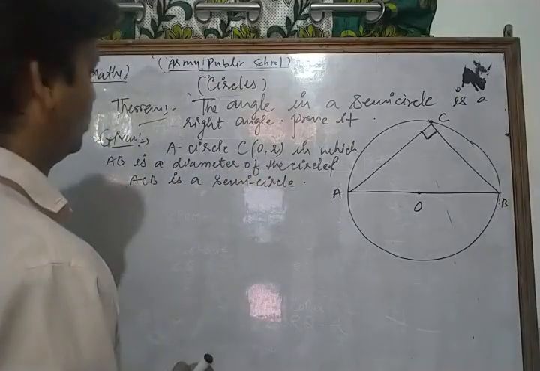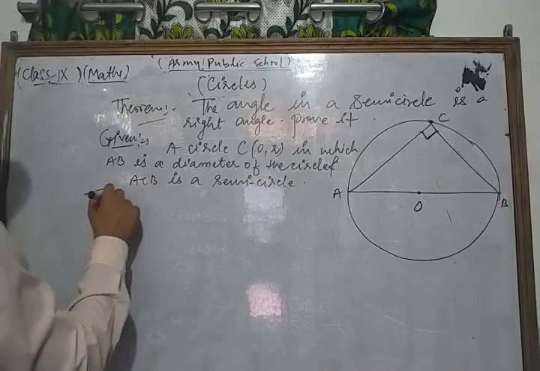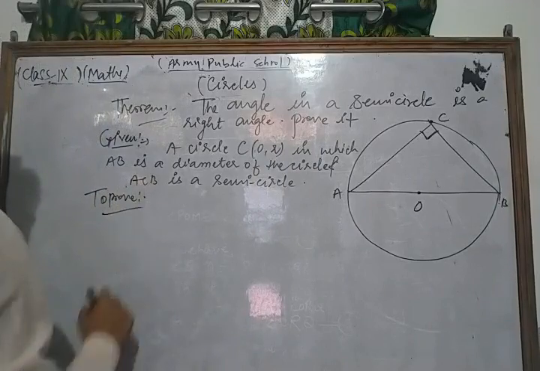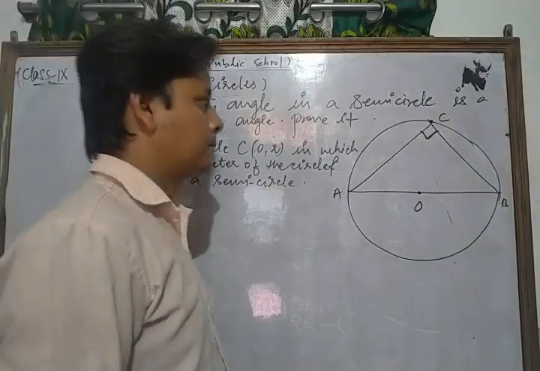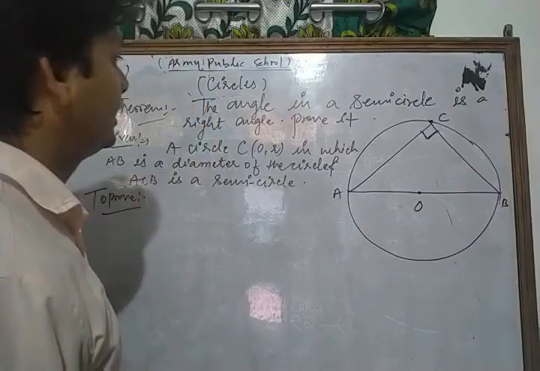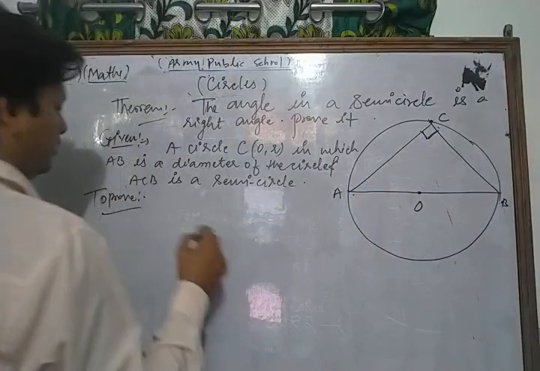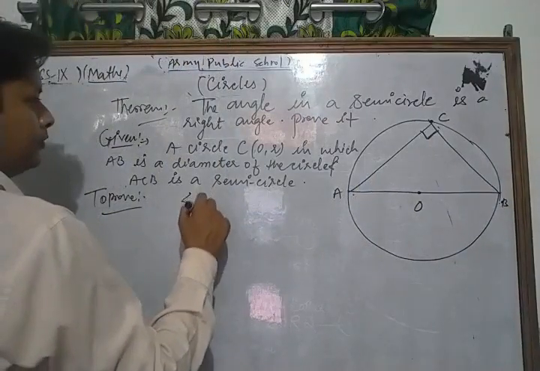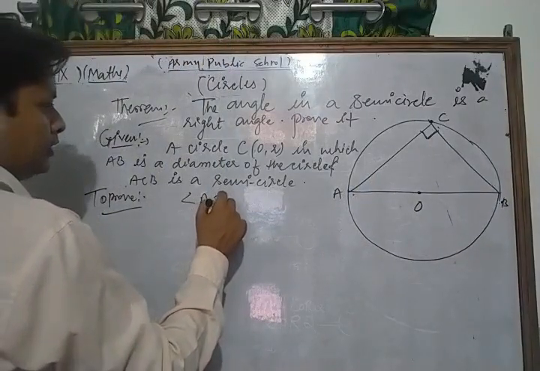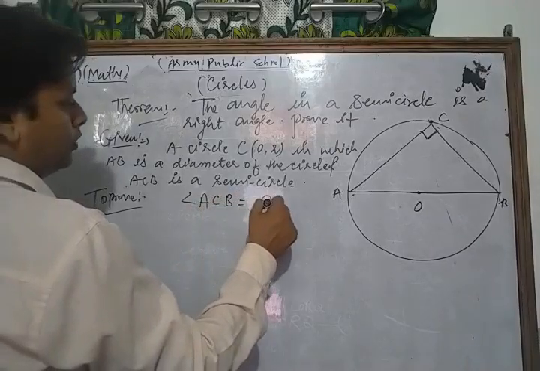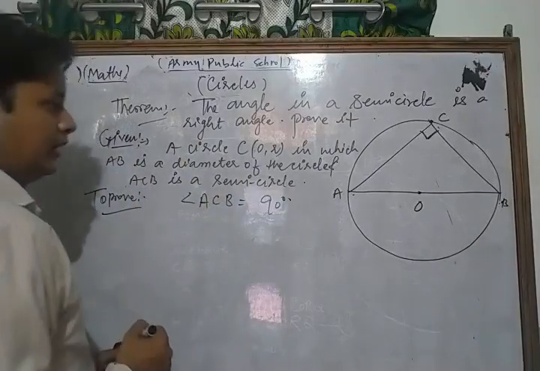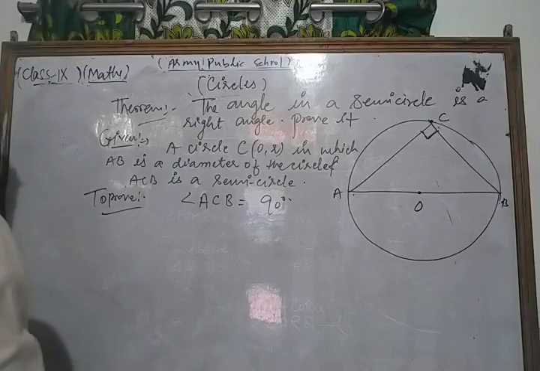And now we write to prove, we have to show that the angle in a semicircle is a right angle. To prove: angle ACB is equal to 90 degree.